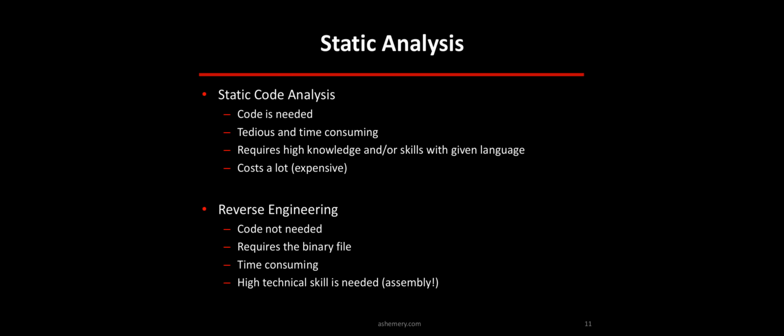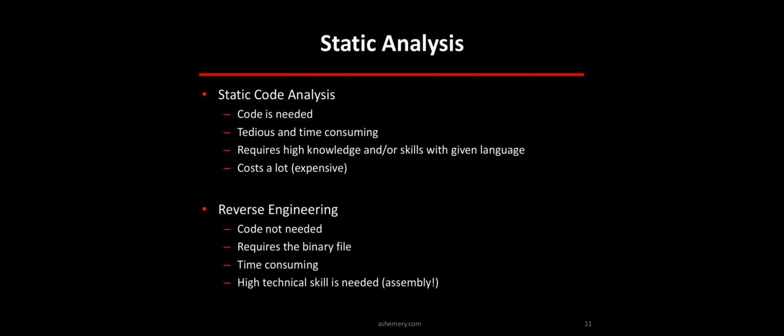Imagine an application of 3,000 lines of code, and that's just a very simple application. Imagine a system with hundreds of thousands of lines. How will you do that? It's very complicated. Another thing that makes it complicated is that it requires high knowledge of the language itself.